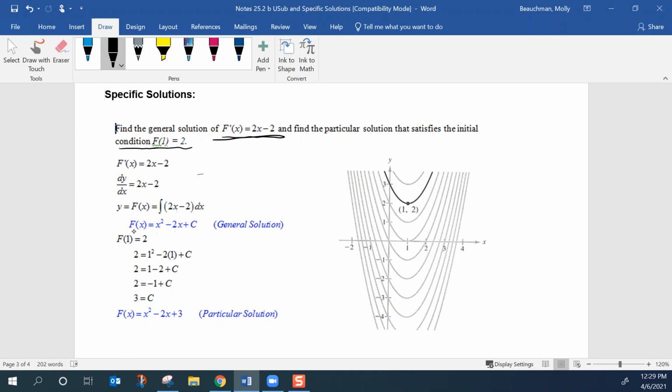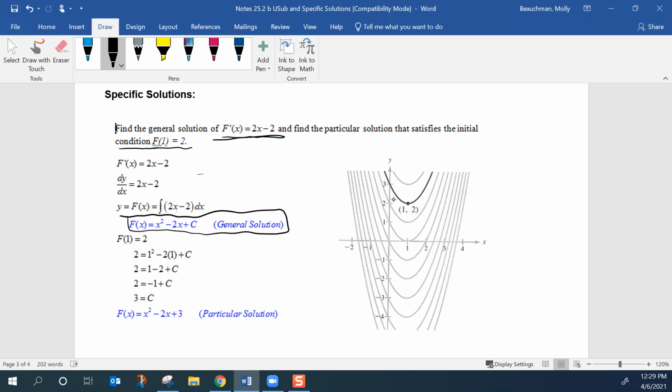So our general solution of the antiderivative, or the integral, is x squared minus 2x plus c. Off to the right, these are all of the possible graphs of the parabola x squared minus 2x plus c. And remember that when you're adding or subtracting a value, it moves your graph up or down.